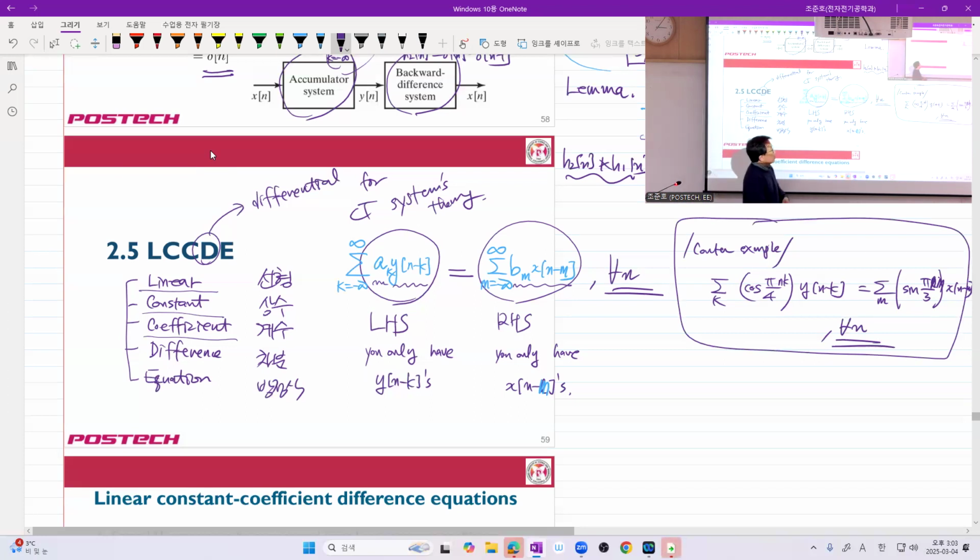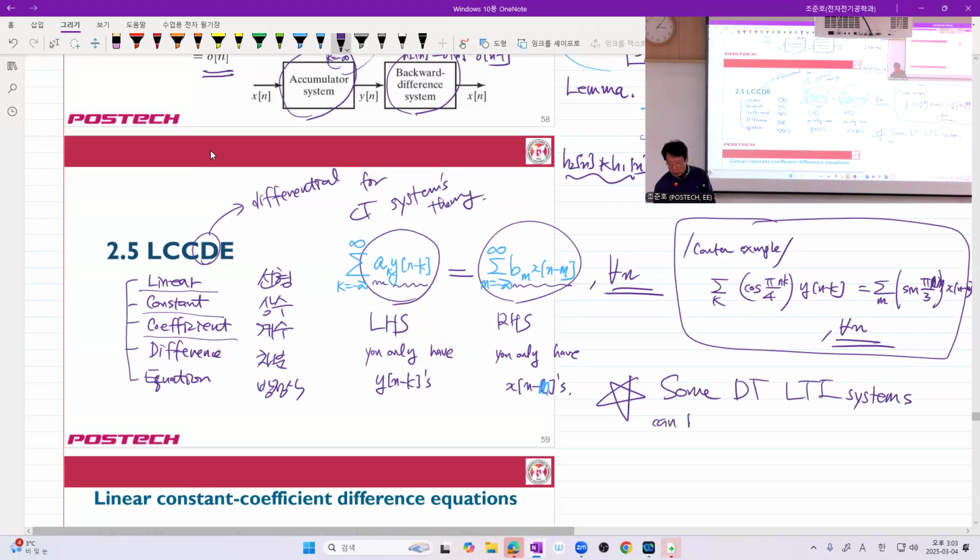Why is LCCDE so important? Because there are many ways to describe the input-output relation of a DT LTI system. Fortunately, some, I'm not saying all, okay, some DT LTI systems can be well described by LCCDEs.